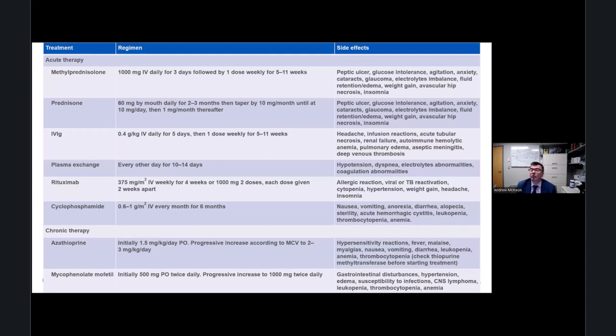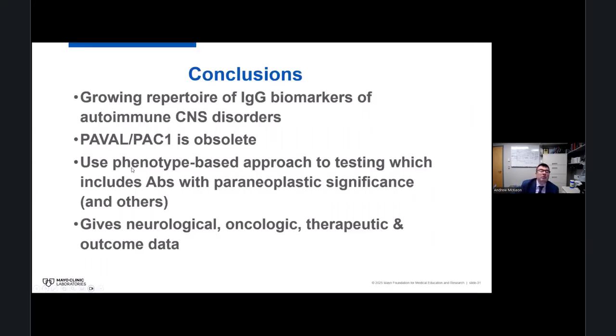But then for some disorders, there may be specific immunotherapy recommendations like stiff person syndrome. IVIG has been studied very extensively in that disease, or rituximab and cyclophosphamide in combination, or one following the other in NMDA receptor encephalitis. So as you can see, there's a growing repertoire of these antibody biomarkers.